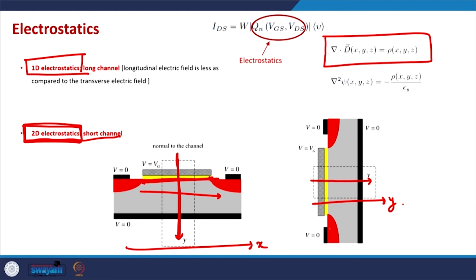So, if there is a charge distribution in space somewhere, if this rho is the charge distribution, then the relationship between the charge distribution and the electric displacement vector, which is this vector D here, is given by this fundamental relationship.